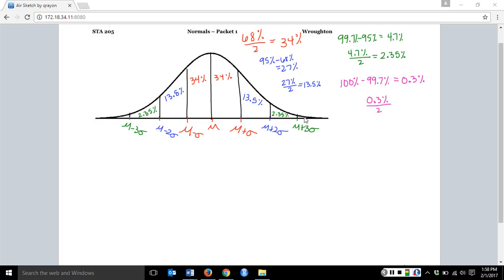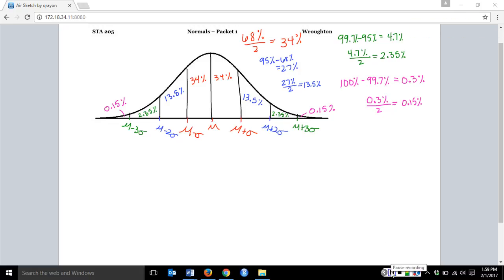Again, 2 spots to put it in. So in each of those little pieces, we're going to have 0.15%. And then my picture will add up to 100%.